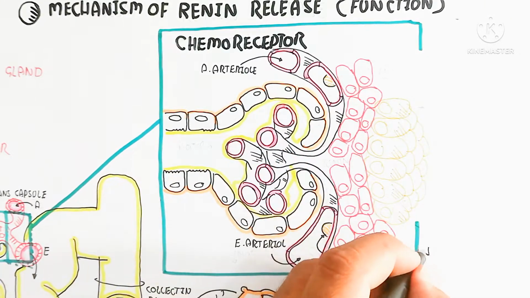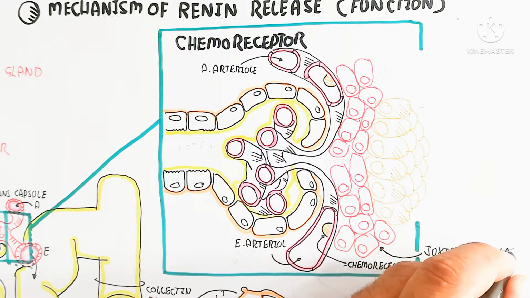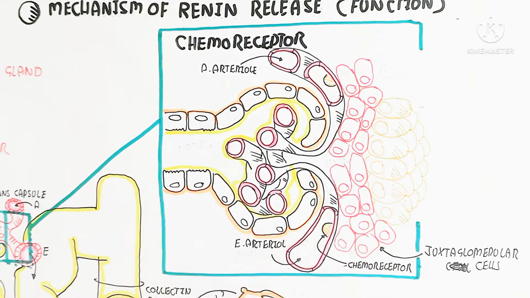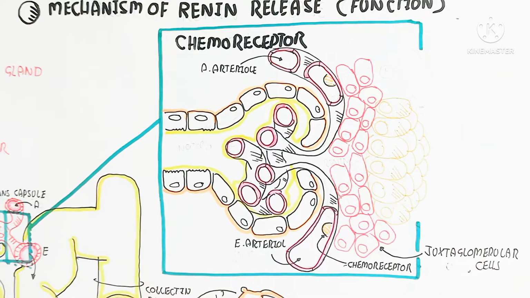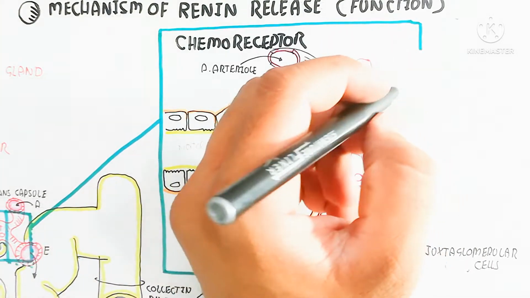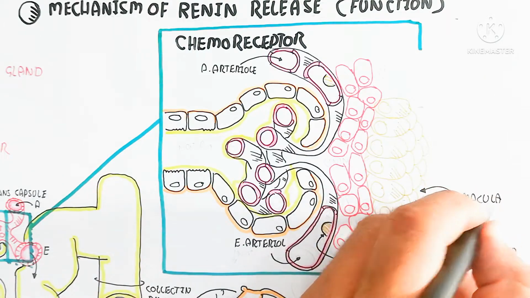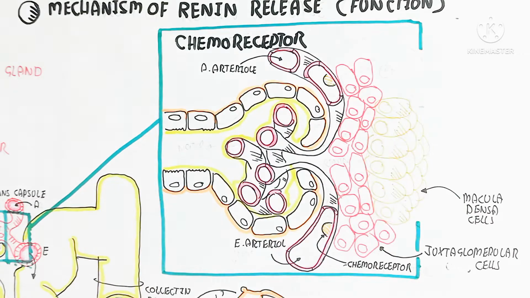So when salt decreases in the blood circulatory system, the chemoreceptor will detect it. The macula densa also contains a chemoreceptor. In this way, the decrease of sodium chloride will lead to stimulation of the macula densa cell, which stimulates the juxtaglomerular cell to increase sodium reabsorption.